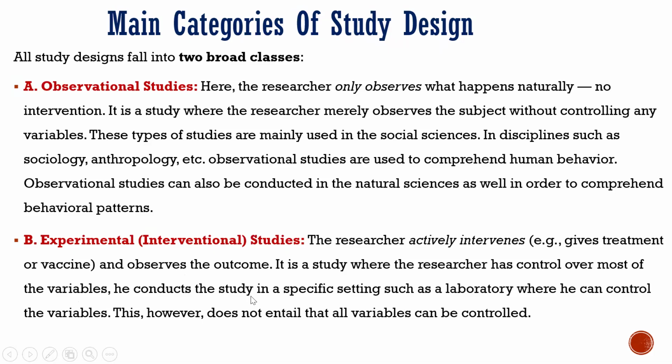So he conducts the study in a specific setting, such as a laboratory, where he can control the variables. Most experimental studies are conducted in a lab or in a specific setting so that the researcher can have control over most of the variables. It doesn't mean that all the variables can be controlled, but most of the variables have to be controlled. Okay.